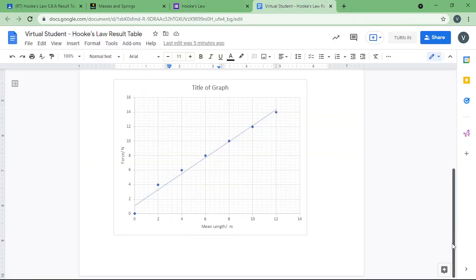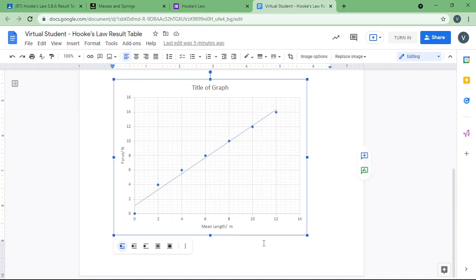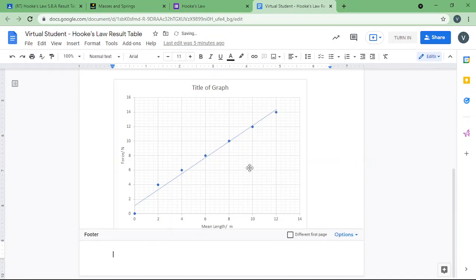Now, for us, you will find the gradient of this graph.